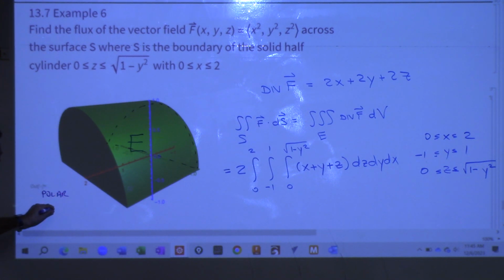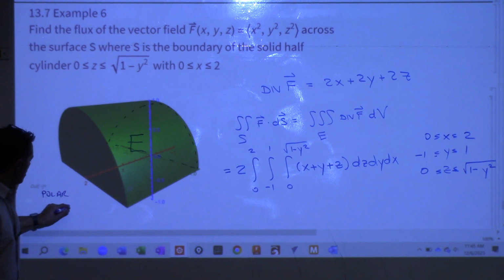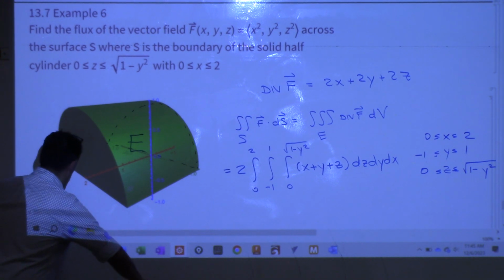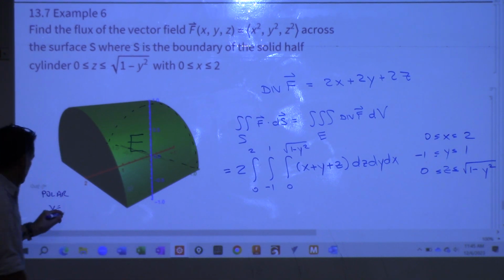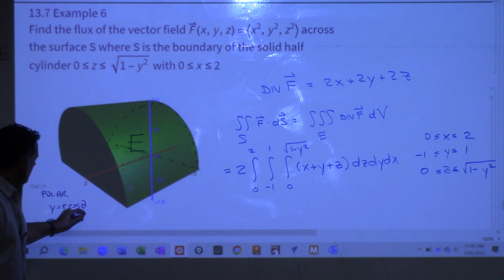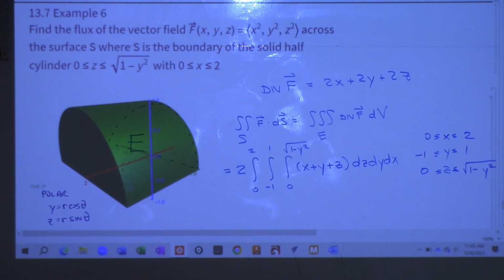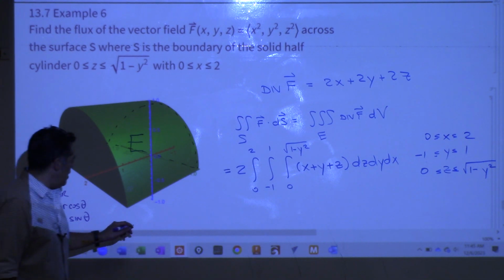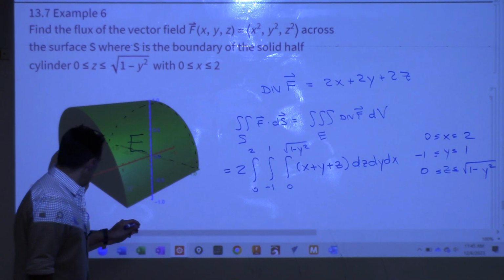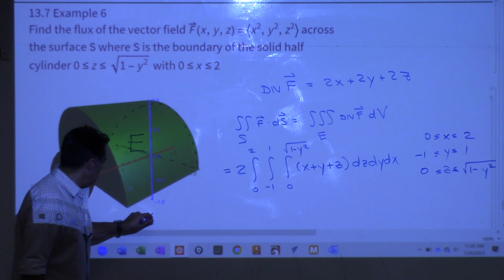I could let y be equal to, it is a radius of 1, right? So r cosine theta, let my z be r sine theta. If I do it this way, I have restrictions now on r, right?